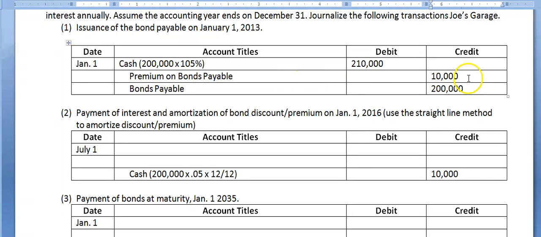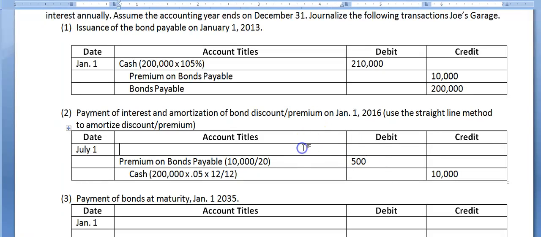The premium has a credit balance. So we'll debit the premium on bonds payable to reduce it, and we'll take the $10,000 and divide by the number of interest payments, once a year for 20 years. And that will give us $500.